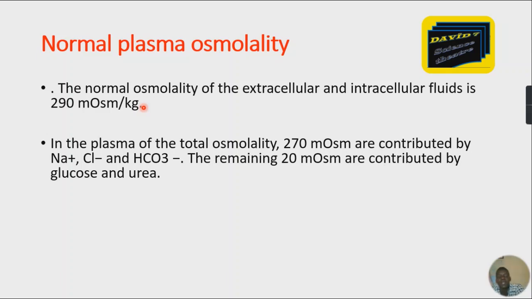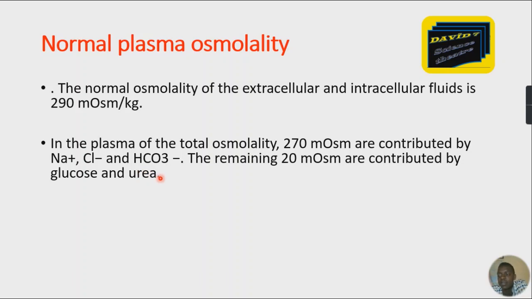So in the plasma, of the total 290, you'll find that 270 milliosmoles are contributed by sodium chloride and bicarbonate ions. The remaining 20 milliosmoles is contributed by glucose and urea.